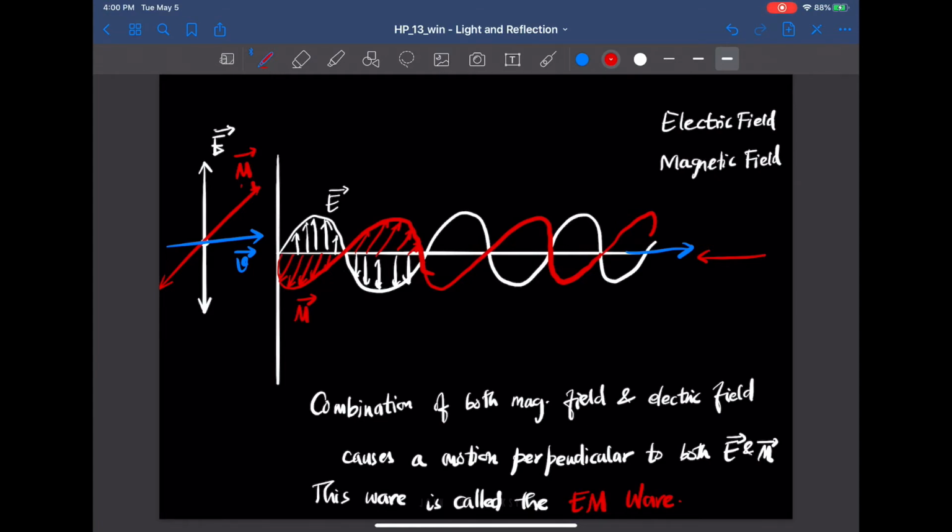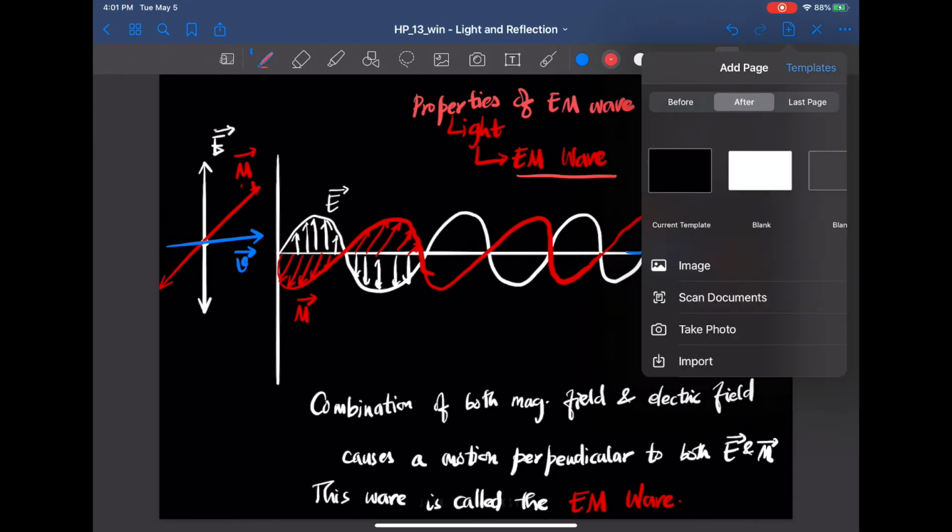So understanding how a light wave works is important because light itself is also an electromagnetic wave. Because it is an electromagnetic wave, it also has the properties of an electromagnetic wave.